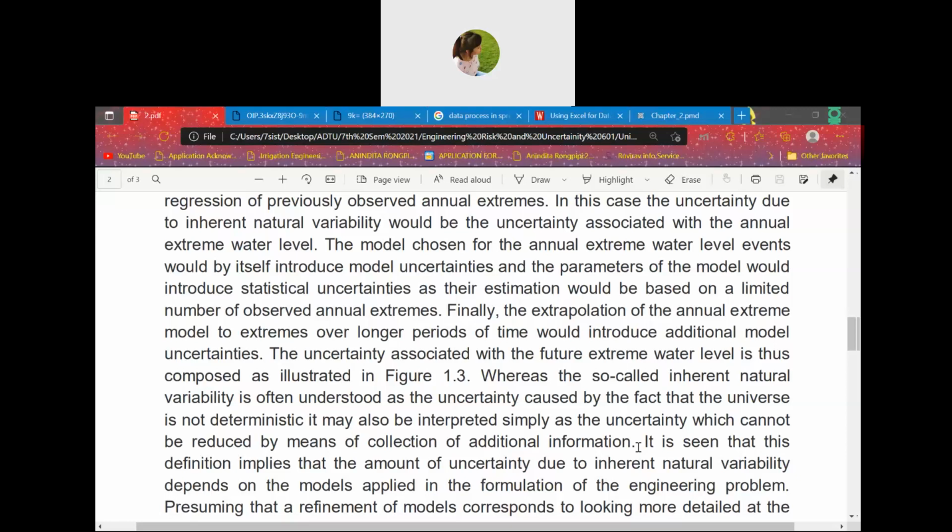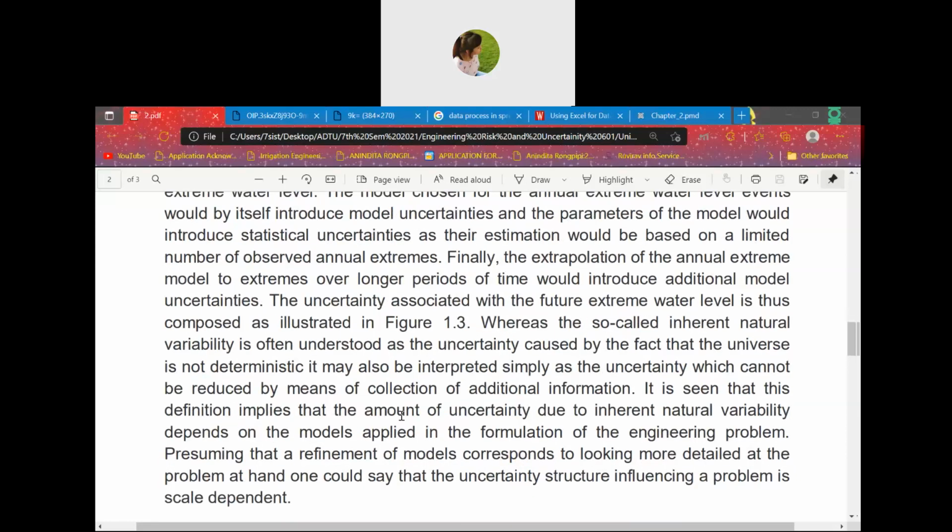It is seen that this definition implies that the amount of uncertainty due to inherent natural variability depends on the models applied in the formulation of the engineering problem.